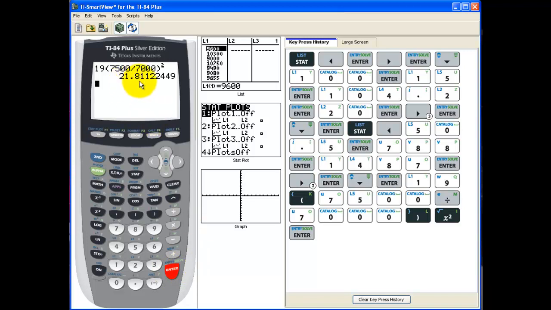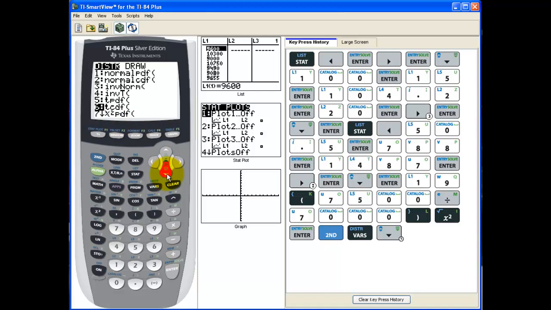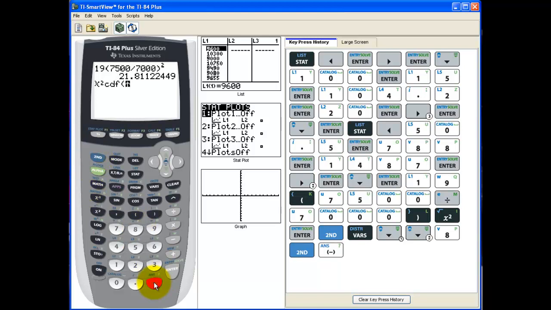So this right here is going to be our lower limit, and to get our p-value, which is really all we need here to test this, we would go to the distributions menu. Number 8, you can't see it here, but if you scroll down a little bit, it's right there. Number 8 is the chi-squared CDF, which is the one we want, so I'll just press 8. And if you recall, the arguments it is expecting are lower limit, upper limit, and then degrees of freedom. So in this case, we're going to use the answer memory register for our lower limit.